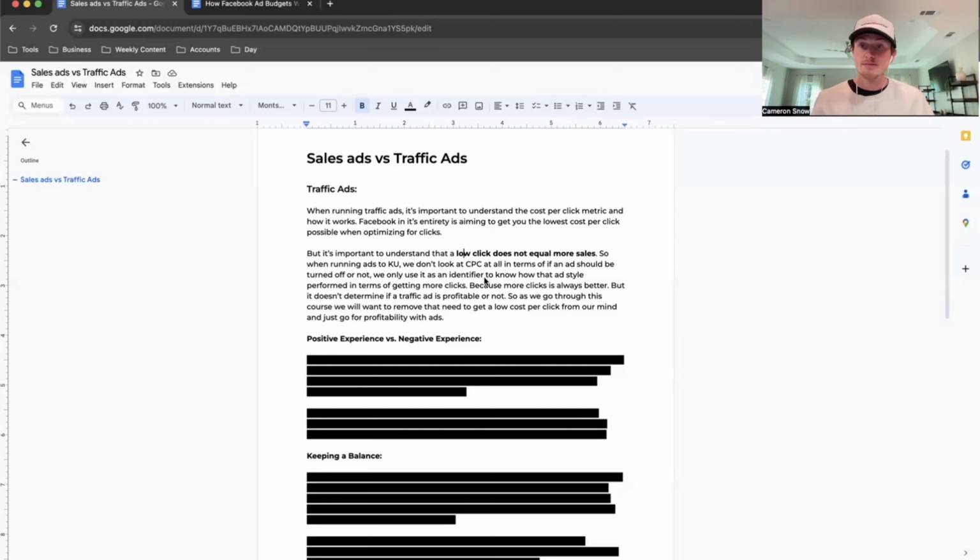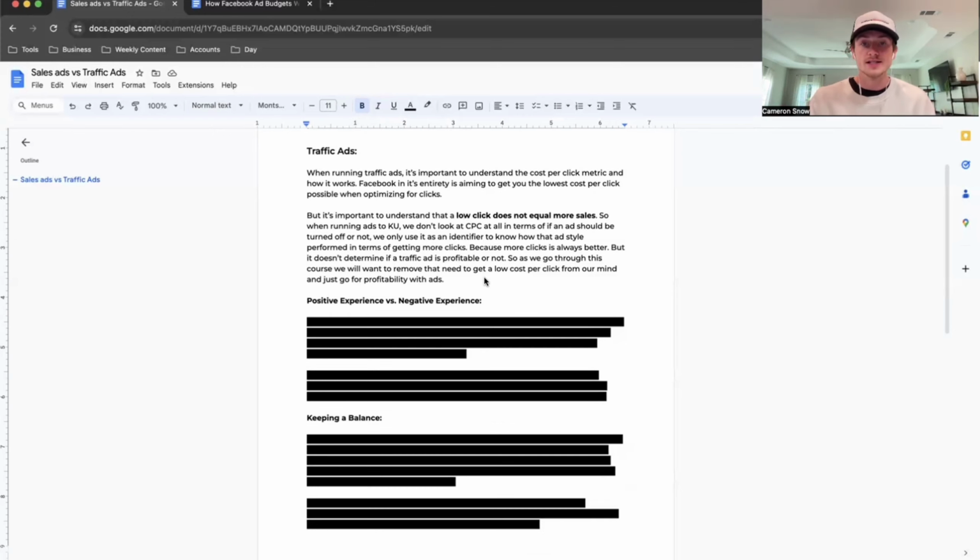More clicks is better, yes, but it doesn't necessarily determine if a traffic ad is profitable or not, because in the end, how much you're spending on ads versus how much you're making back is really all that matters. It doesn't matter what your cost per click is as long as the ad is profitable. So it's important to remember that seeing a very low cost per click does not mean that it's a good ad, it just means that it's got a low cost per click.